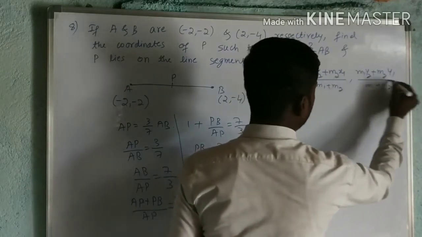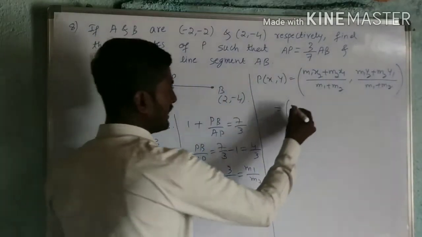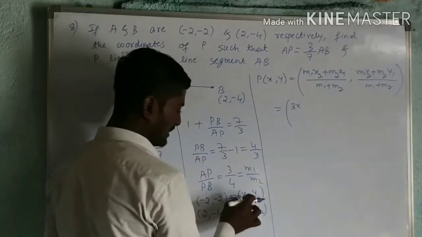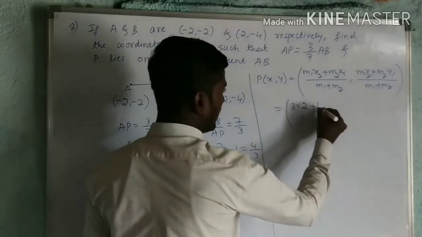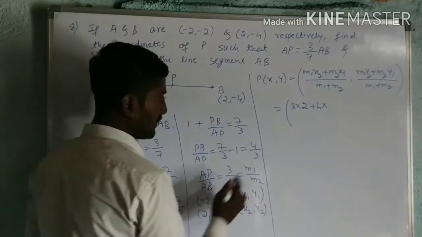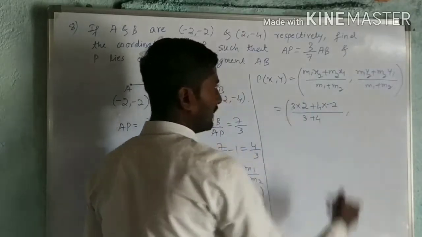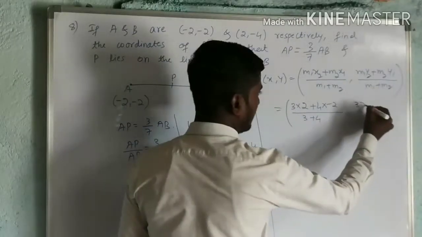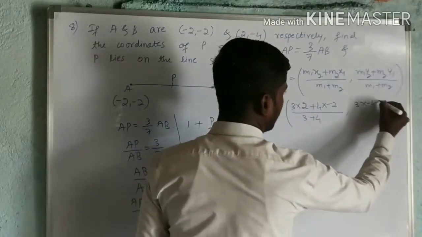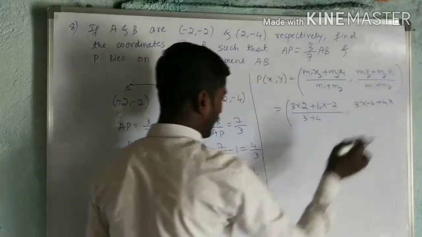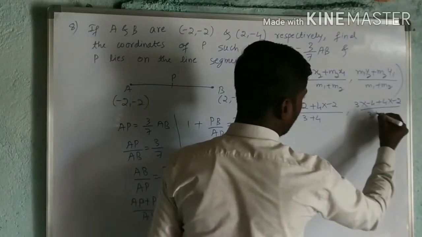Substitute the values. M1 is 3 into x2, x2 is here 2, plus M2 is 4 into x1, x1 is here -2, divided by 3 plus 4, comma, M1 3 into y2, y2 is here -4, plus M2 is 4 into y1, y1 is here -2, divided by 3 plus 4.